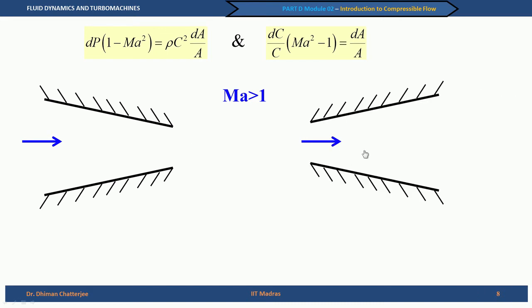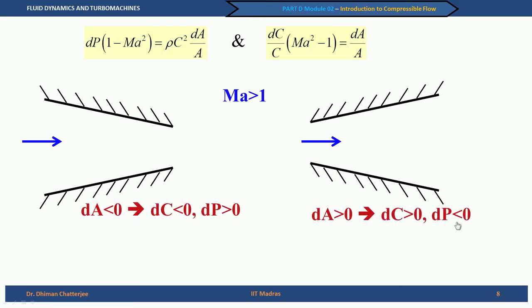For the diffuser, the opposite situation prevails and we get dp less than 0. So, we can say for Mach number greater than 1, a converging passage acts like a decelerating flow passage, the speed reduces, whereas a diverging passage or a diffuser acts like an accelerating flow passage and the pressure reduces.